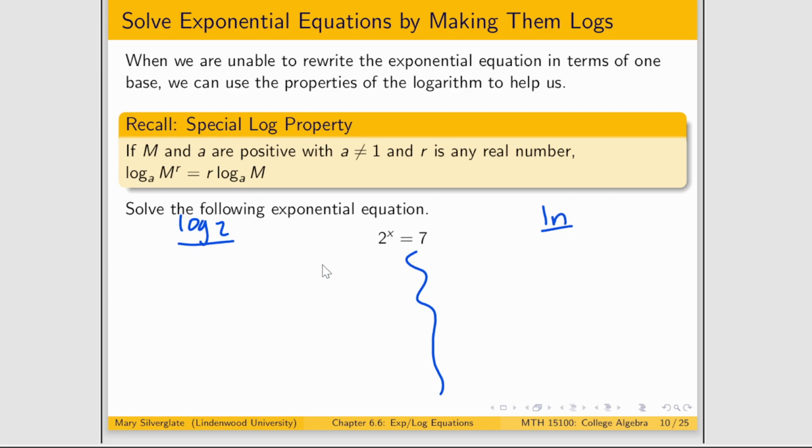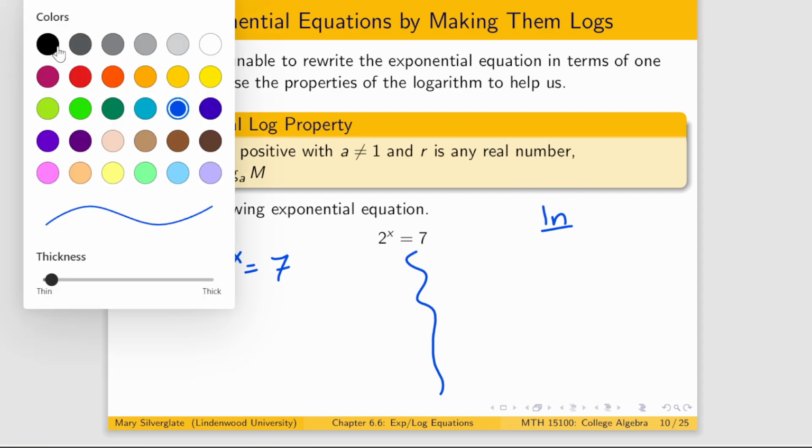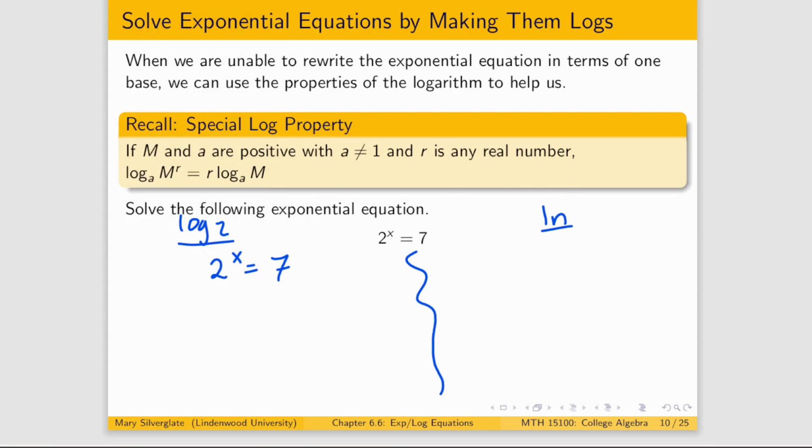If I pick log base 2, then for 2 to the x is equal to 7, because both sides involve terms that are bigger than 0, I can just log base 2 both sides. So if I have log base 2 of 2 to the x, that means the x moves out front.